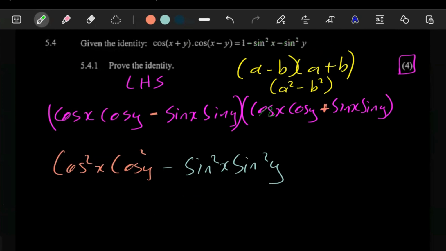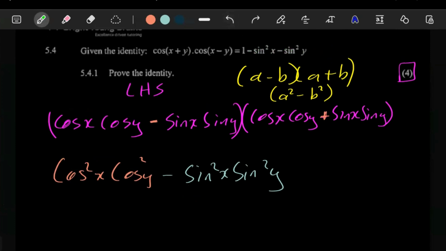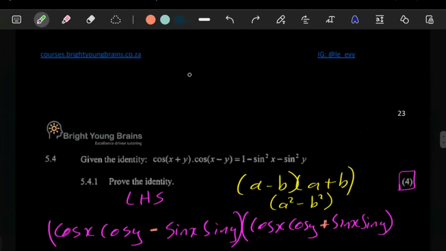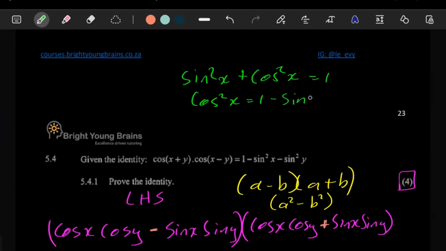But it seems like there's no cos anyway, so let's change the cos's, you see? So this is like the cos here. Remember the square identity. The square identity says sine squared x plus cos squared x is equal to 1. So if you leave the cos here, it's going to be 1 minus sine squared x.